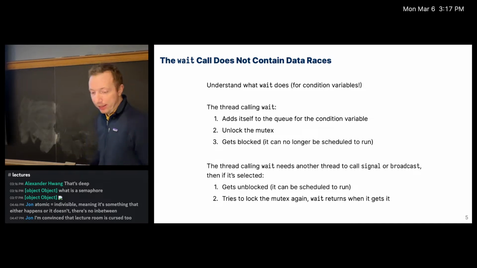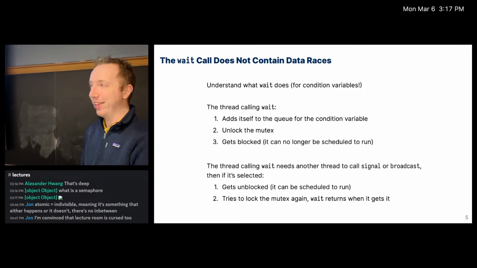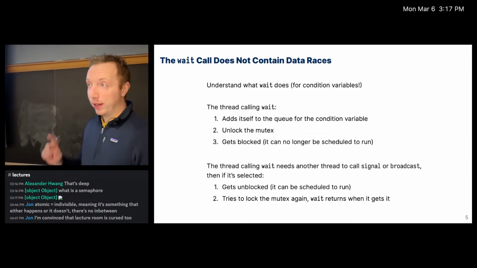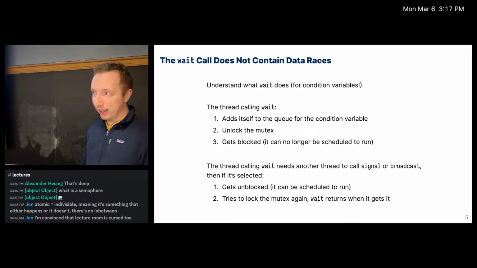So again, here's what wait does for condition variables, which is different than the wait for processes, because we are not very creative bunches and we only have a few names that we use. When you call a condition variable wait, all of this will happen atomically, so either it all happens or it all doesn't.